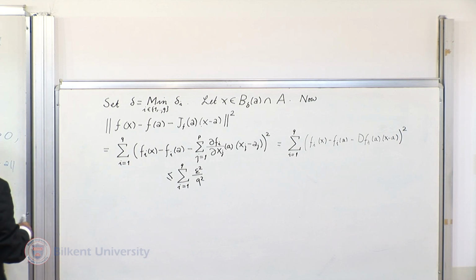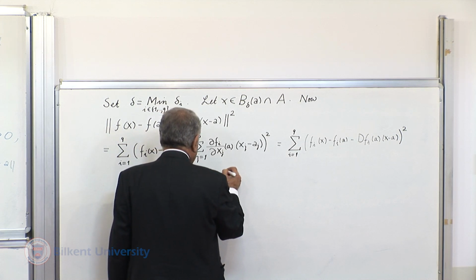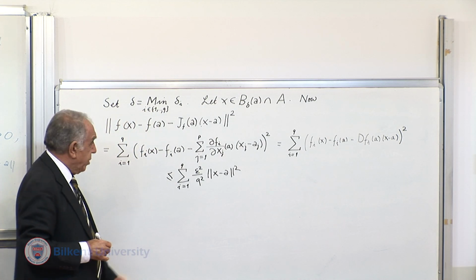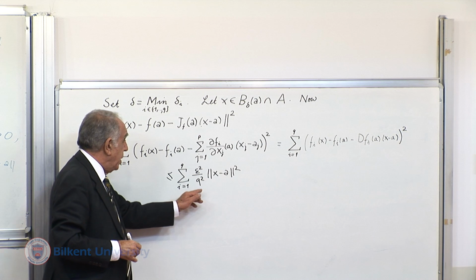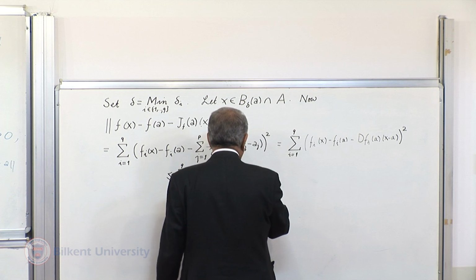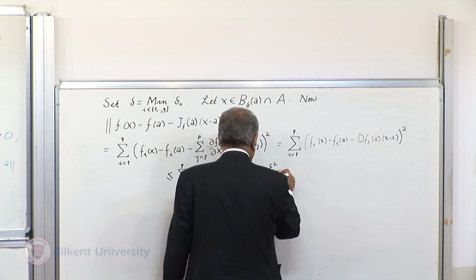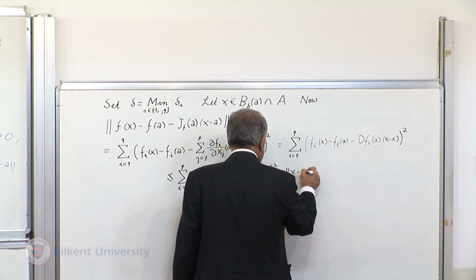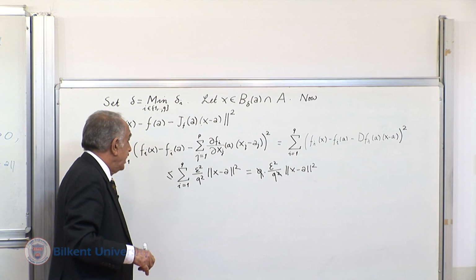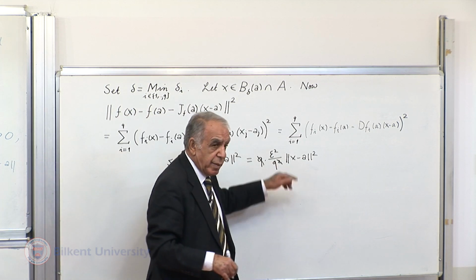So the square of this is less than or equal to the square of this, times the norm of x minus a squared. But as you see, this expression in the sum is constant with respect to i, so you simply have q times the same thing. Then this quantity is less than or equal to this quantity.